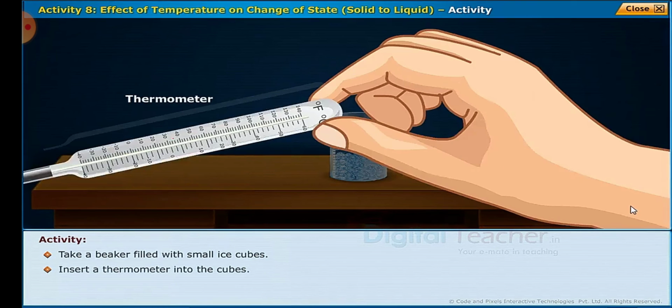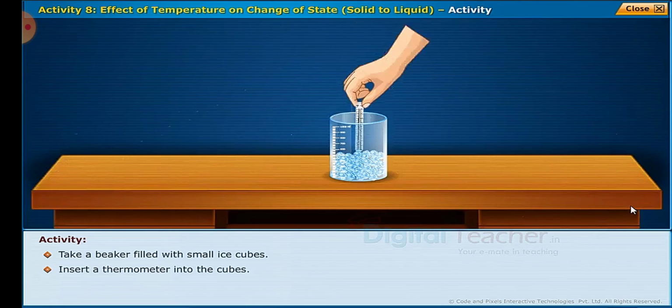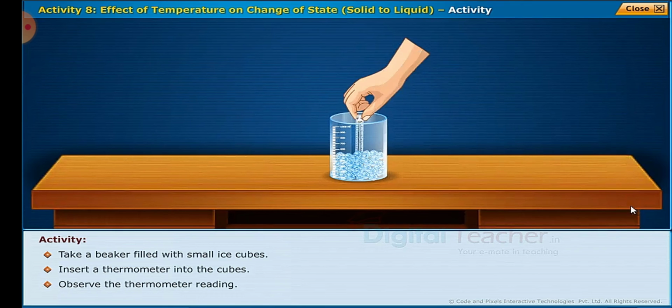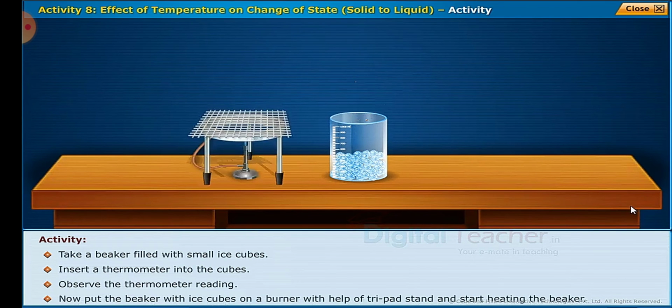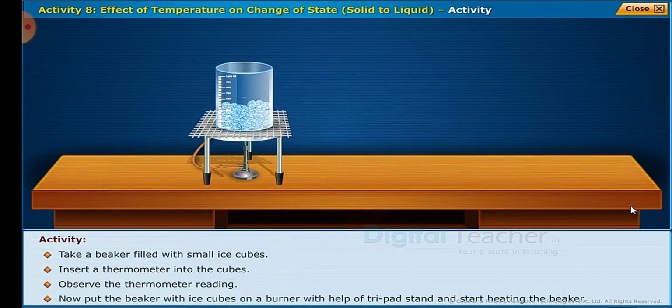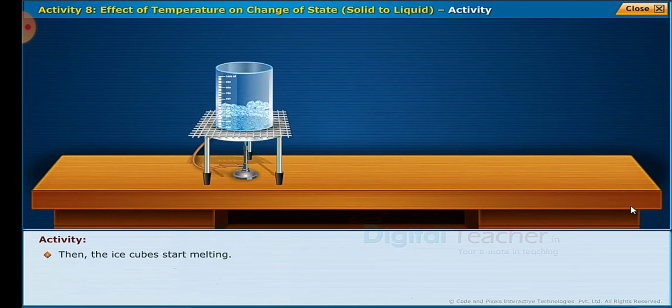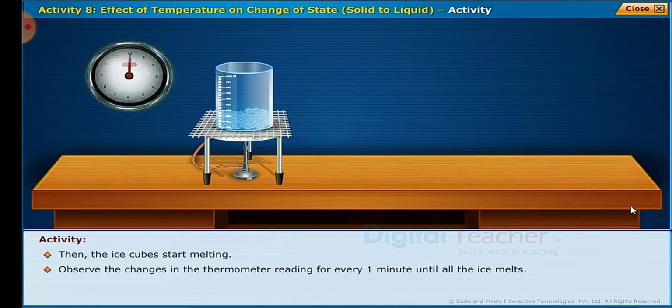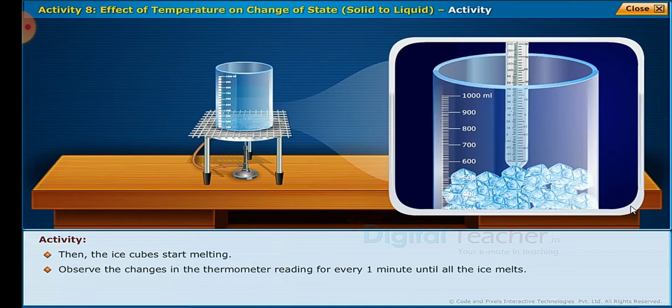Insert a thermometer into the cubes. Observe the thermometer reading. Now put the beaker with ice cubes on a burner with help of tripod stand and start heating the beaker. Then the ice cubes start melting. Observe the changes in the thermometer reading for every 1 minute until all the ice melts.